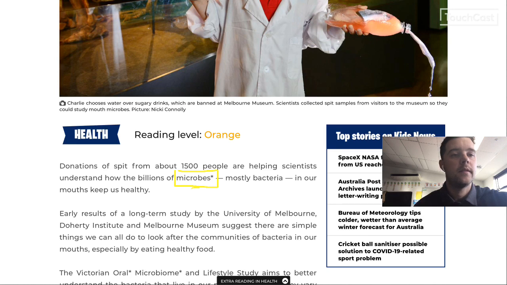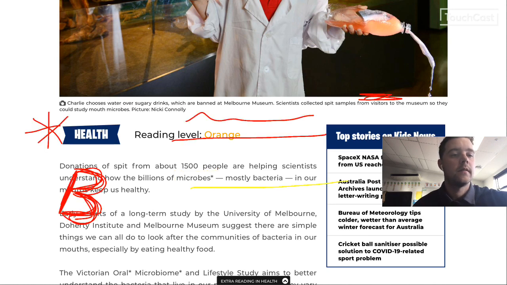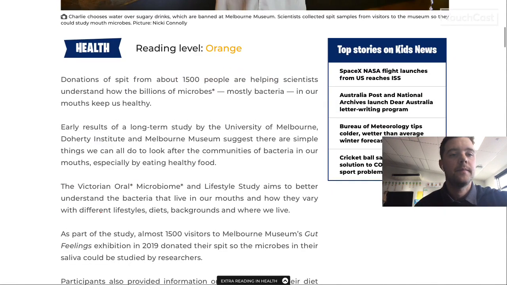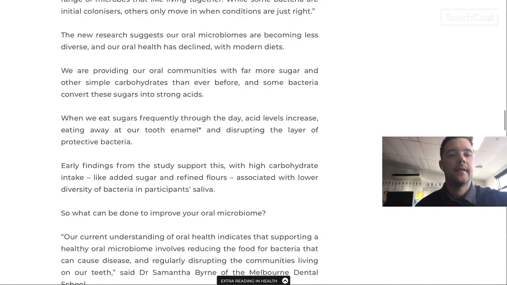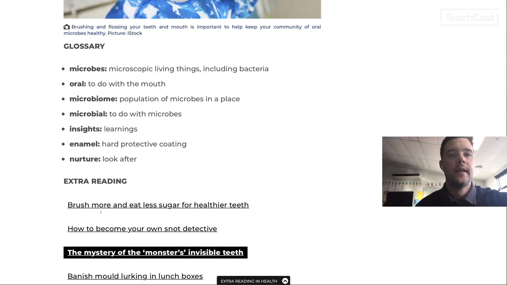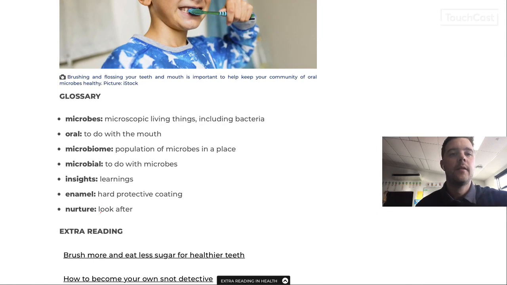And what we can do is then scroll to the bottom. What they do in Kids News is right here, it says microbes are microscopic living things, including bacteria. So you can scroll down to that as you're reading it. That sentence makes sense now.